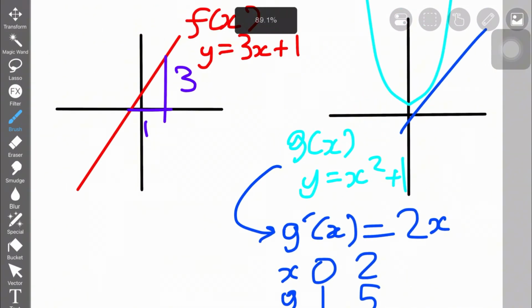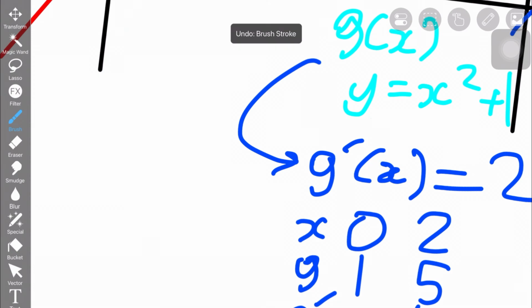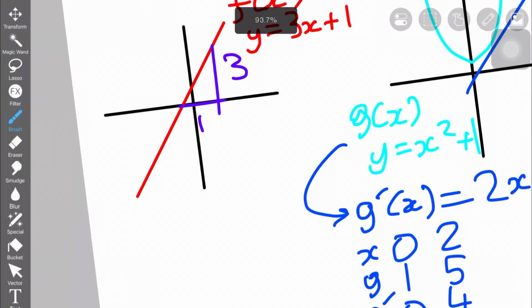One alternative way of writing derivatives, which I might as well go over, you don't have to put this apostrophe here, you don't have to call it g prime or simply the derivative of g.